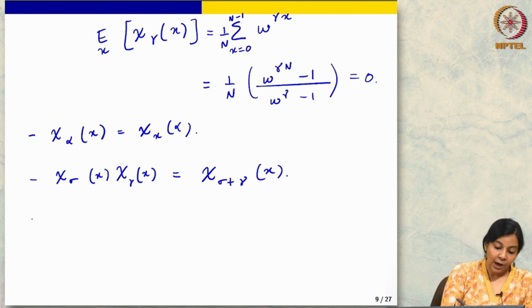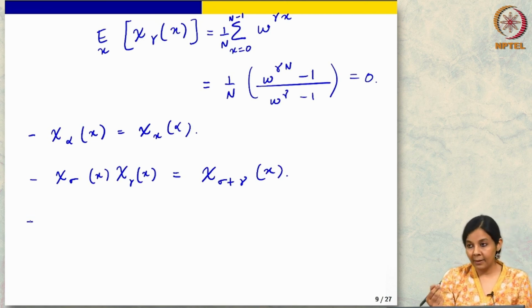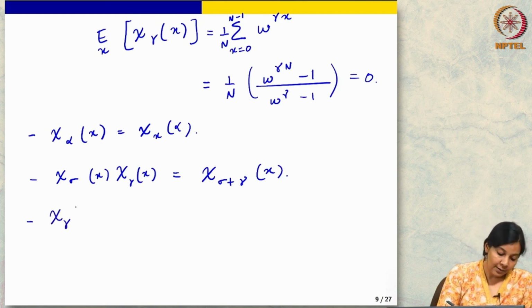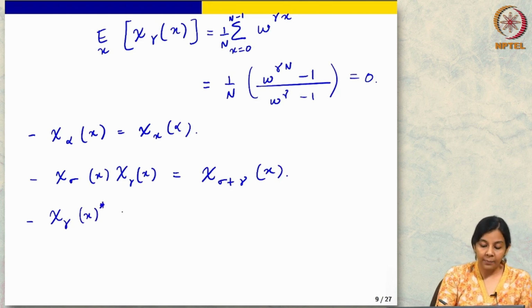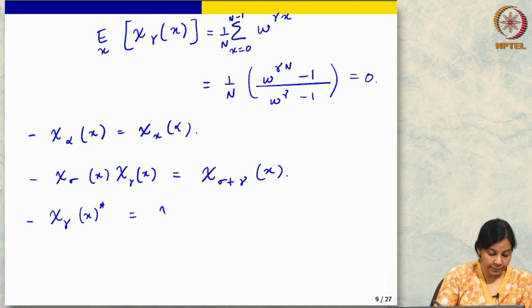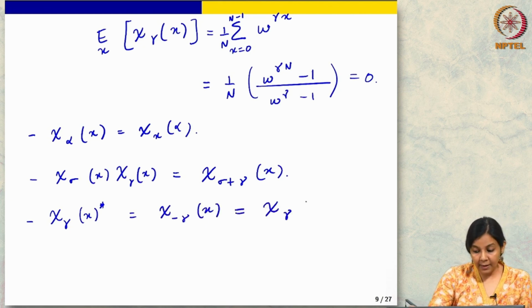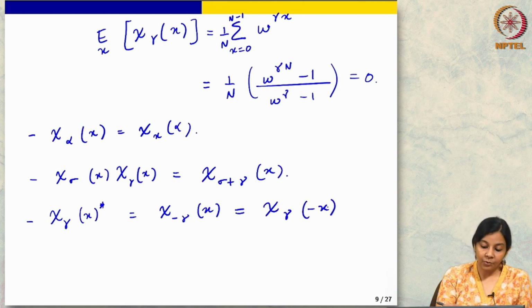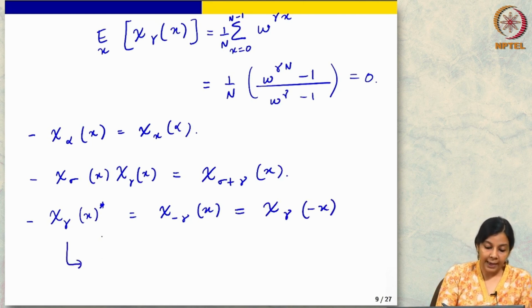All right. And now we have one more property which will be very useful for us, which is to look at the conjugate of this. So, what is the conjugate of chi gamma x? This is equal to chi minus gamma x, I claim, which is the same as chi gamma minus x. Can you tell me why this is true? Chi gamma x conjugate is what?